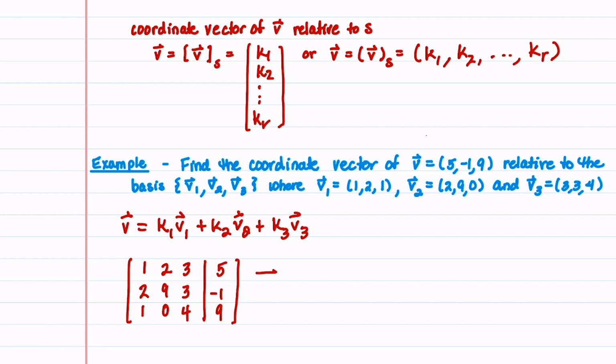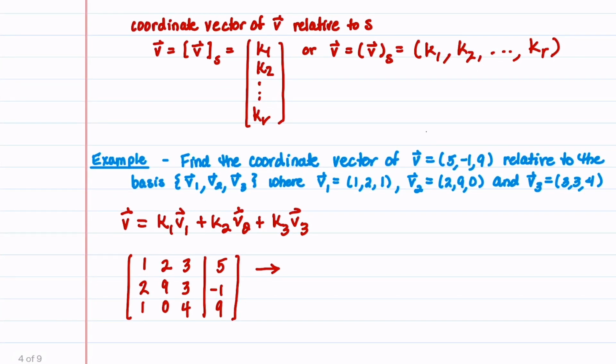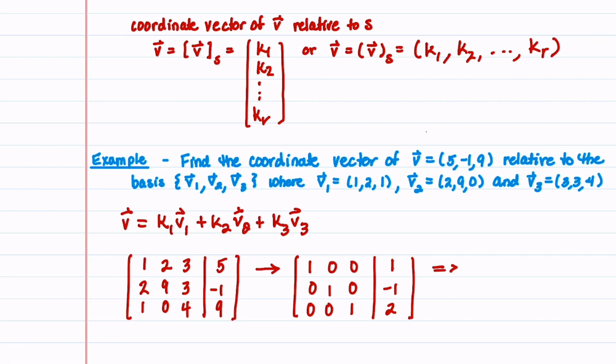We have to put this in reduced echelon form. So when we do that, I'm skipping the steps. It looks like this. On our left, we're always going to get the identity matrix, and on our right, we end up with this. This tells us that our coordinate vector is equal to 1, minus 1, 2.